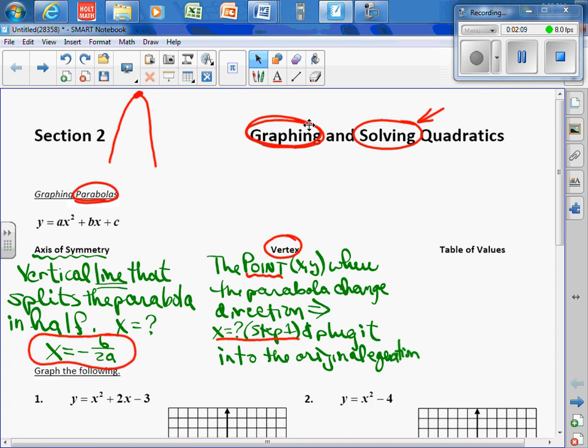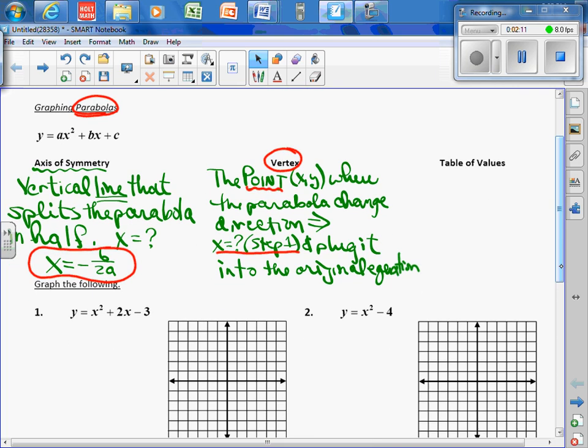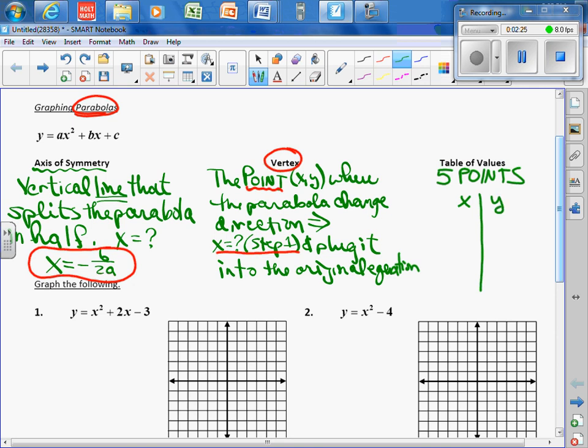After we find the vertex, we need to make a table of values. And what I'm going to have you do is plot 5 points. So your table of values is going to contain 5 points. So you need x and y. And the vertex, since it's at the very top or the very bottom, and I have 5 points, I need 4 other points somewhere, right? Well, that vertex is going to be the very middle of your table.